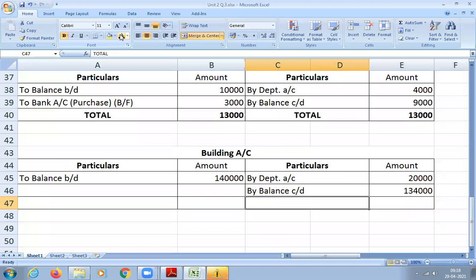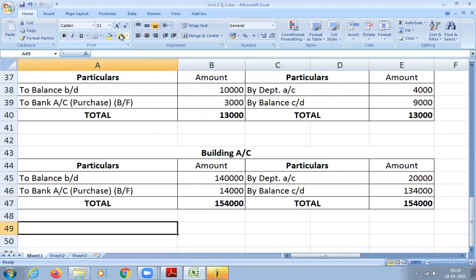Total is 1,54,000 and the balance is 14,000. So 14,000, what are you going to show it as? Purchase, sir. Purchase only. Okay. So now the total will be 1.54 lakhs.